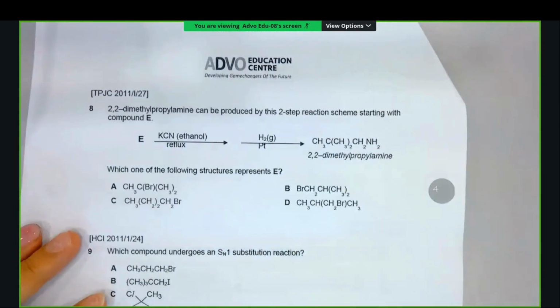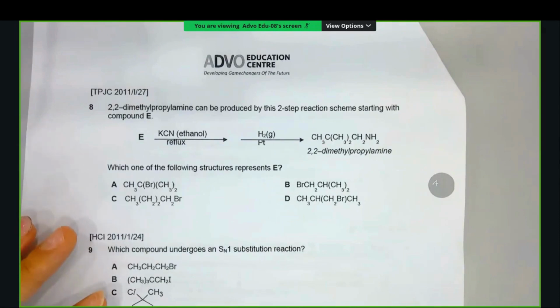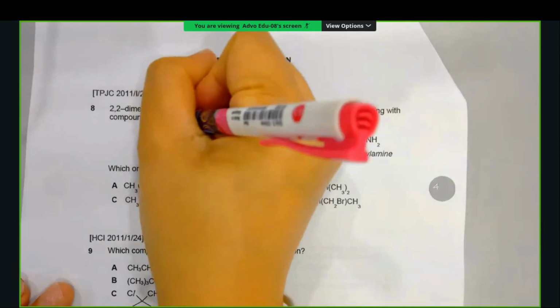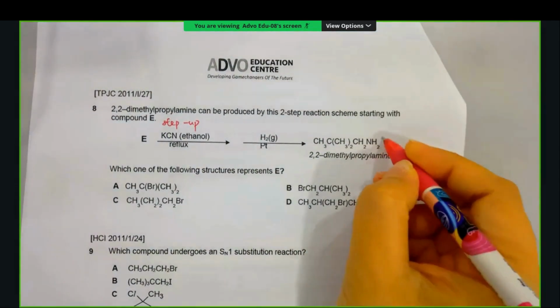Over here, 2,2-dimethylpropyl amine, which is this one, can be synthesized in the following reactions. Okay, KCN, remember, is a step-up reaction. So this is a step-up by 1 carbon over here. All right. So what you can do is recognize this and work backward.